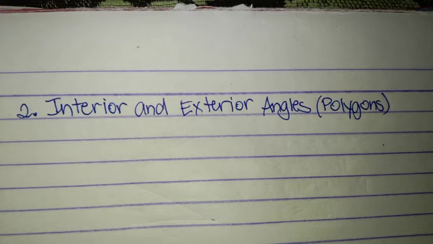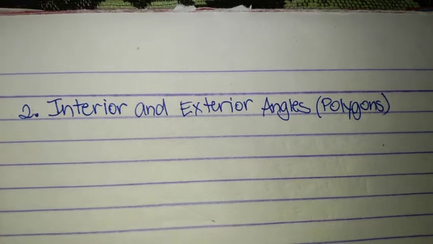Now, the second geometry principle that we will tackle is the concept of interior and exterior angles of polygons. So, how can we calculate the sum of the interior angles of a polygon with n sides?